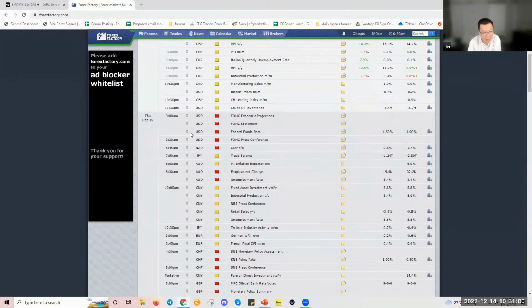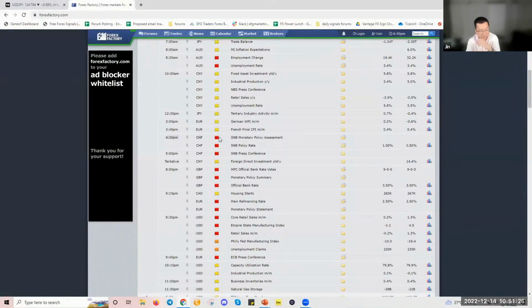We do have the US interest rate decision looking to go from a 4 to a 4.5%. So a rate hike expected for the US from 4 to a 4.5. Watch out for that. We could see the US dollar weaken first, and then after that strengthen or fluctuate around in high volatility.